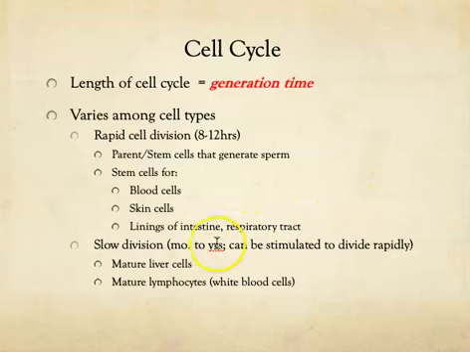A good example of this is in the human liver. The human liver, like several of our organs, is quite redundant. In other words, you have more liver than you actually need to survive. You can live with about a third of your liver present. So when a person undergoes a liver injury, for example, maybe getting into a car accident and having their liver broken or lacerated, up to 2/3 of the human liver can be removed, and the person can still survive.